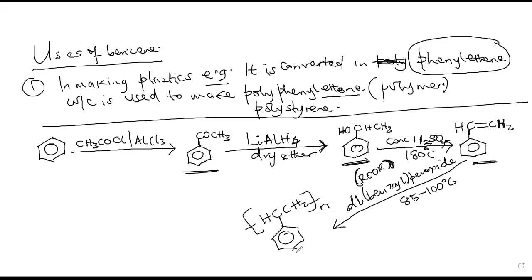There is an alternative, because you can as well get this phenylethene without first forming this ketone. So alternatively, the alternative method, you'll get benzene, and you first alkylate.